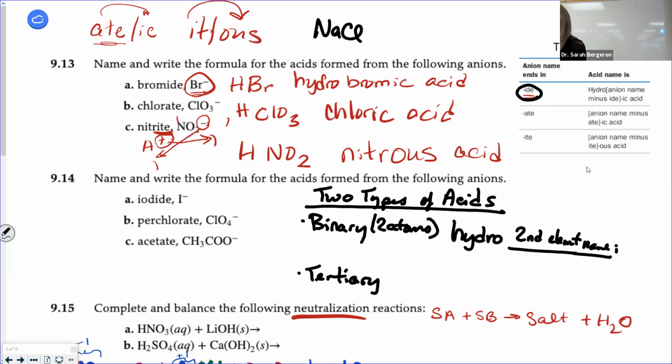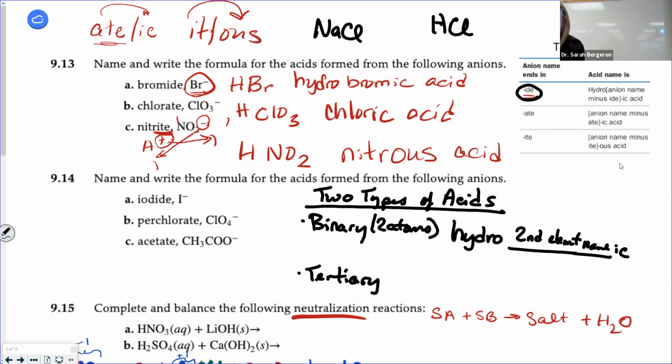Sodium chlor what? Sodium chloride. Okay, so whatever ends in IDE, because it's an acid, we now end it in IC. So it would be hydro, if we're going to put it with chlorine, and then you put the beginning of the element name and you end it in IC.